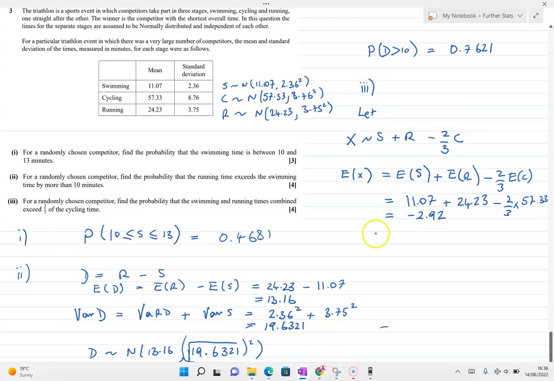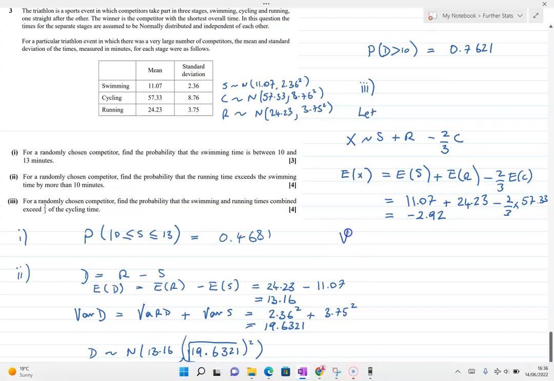The variance, again using this kind of rule for combining variances, which is var of ax plus by plus c equals a squared var x plus b squared var y, and the c bit disappears. And of course you can add that with a third distribution here.